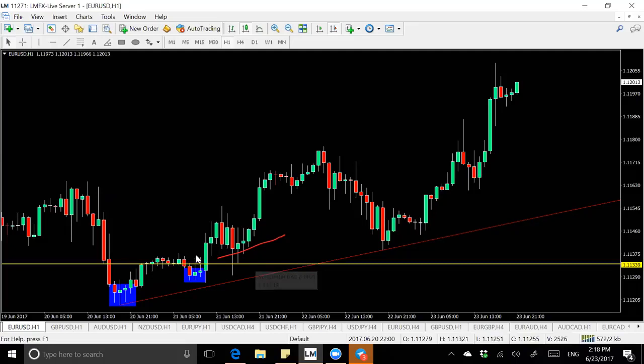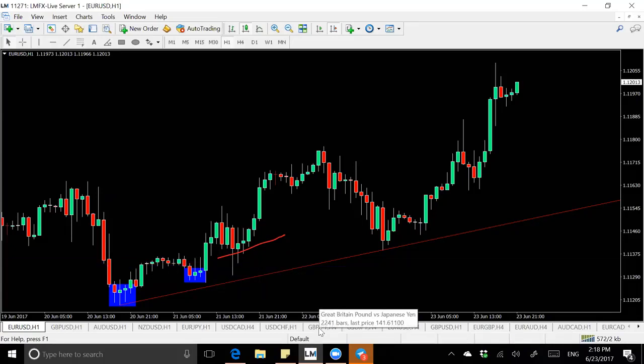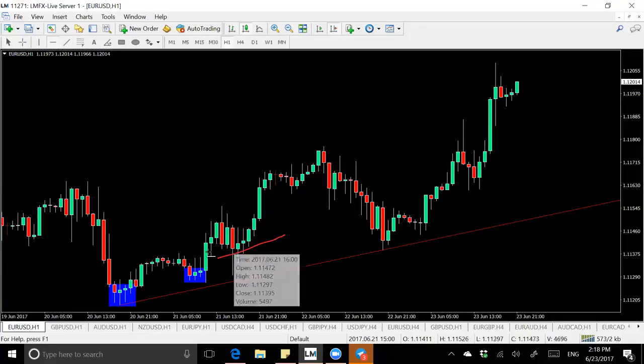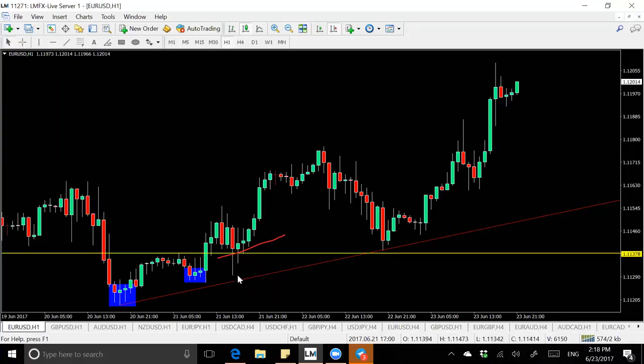I don't know yet if this level means anything or not. I'm just going to draw. Oh, actually, sorry, that's over here. So this over here. Now, based on my wicks, this looks like a trend line.